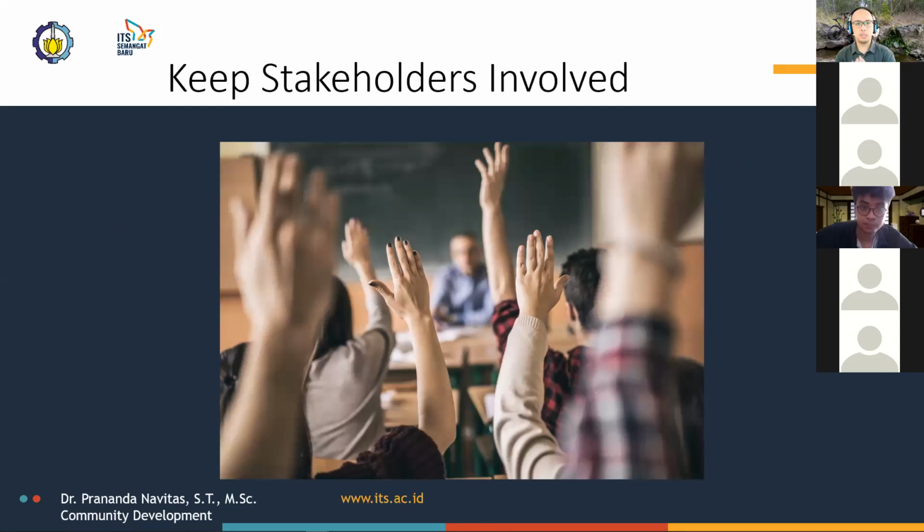This brings us to the final piece of working with stakeholders. Keep stakeholders involved. Now, as with any other community building activity, you have to keep at it. You have to continuously work on it indefinitely, or at least as long as the effort goes on. New stakeholders may pop up, and they may need to be brought in as time goes on.